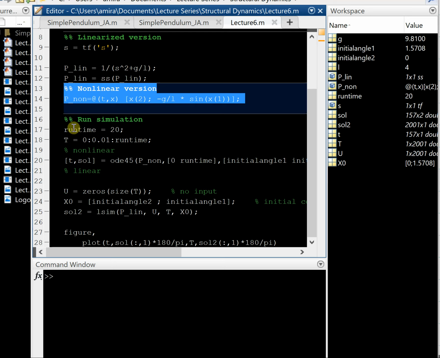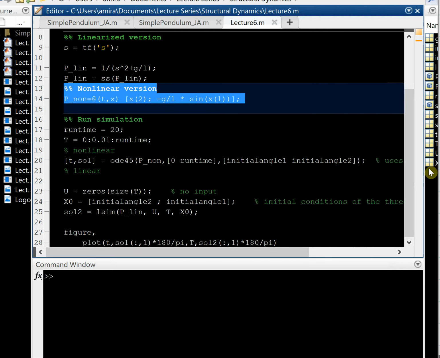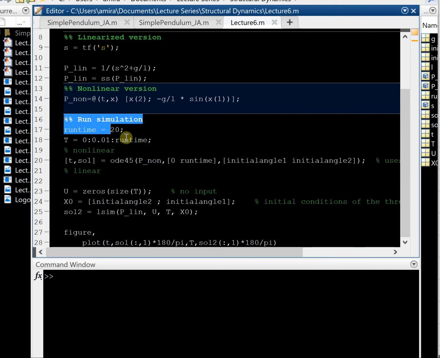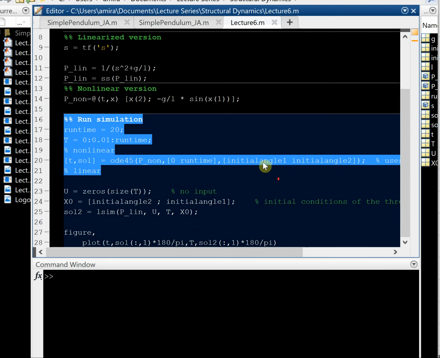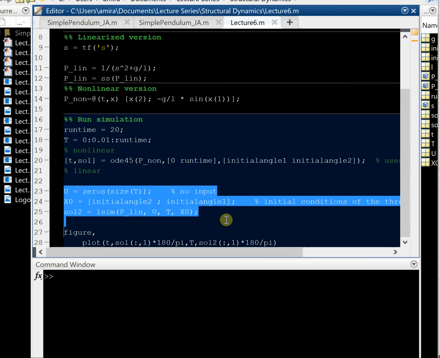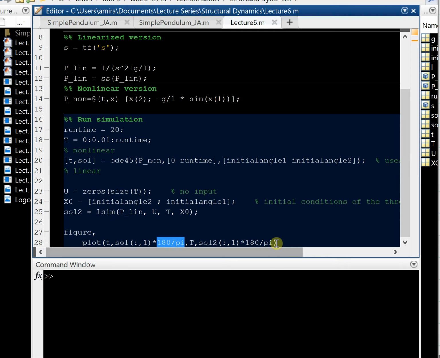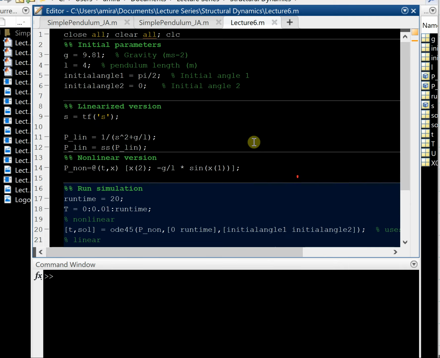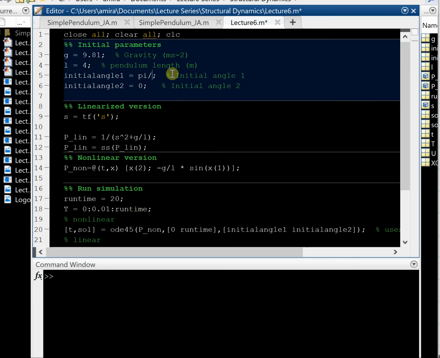What I'm doing here is pretty much compiling the nonlinear equation, and then compiling the linear equation, and then lastly plotting the values and converting the values to degrees. Degrees are a little more intuitive to comprehend. To begin with, I want to start off with a really small angle, so perhaps pi/200. So that's my initial angle.